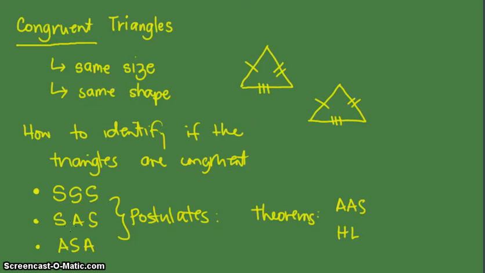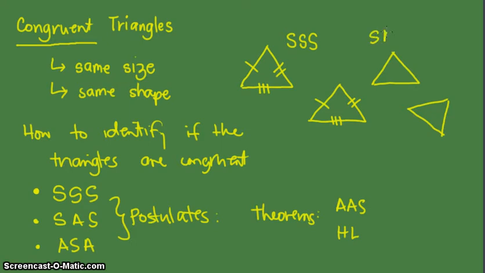Now, for the case of SAS, this means side, angle, side. So note how the A is positioned in between the two sides. It means the angle should be between the two sides that are equal to the corresponding sides of the second triangle. Let's make another pair of triangles, with a different orientation.